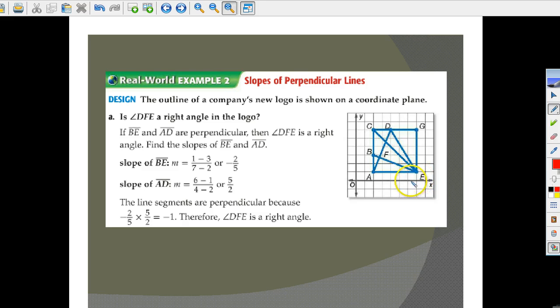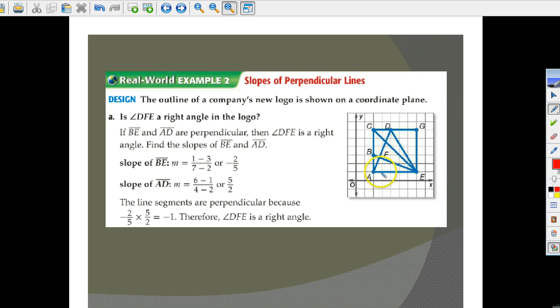perpendicular? Well, we'll have to find the slope of this line and find the slope of that line and see if they are perpendicular. So the slope of BE, this slope here, we're going to find by doing y2 minus y1 over x2 minus x1.